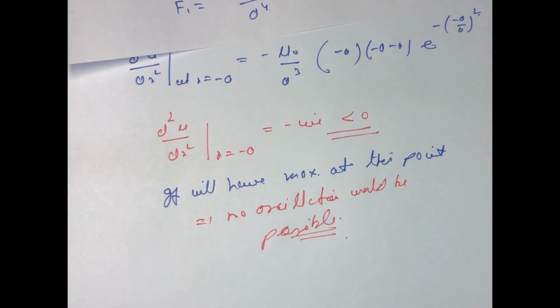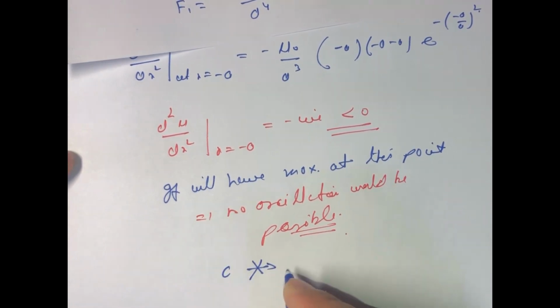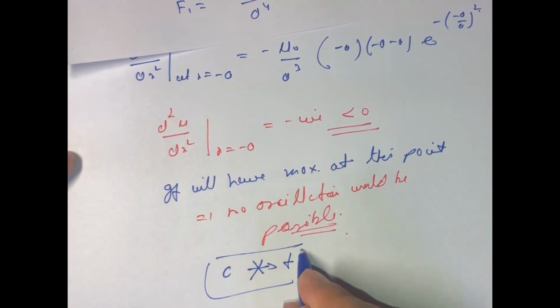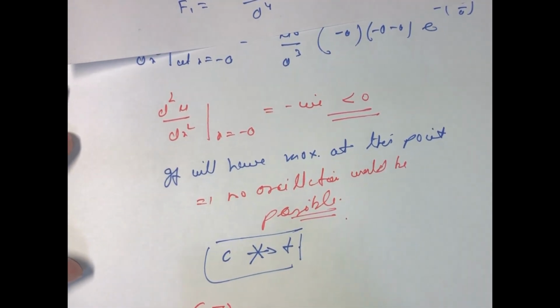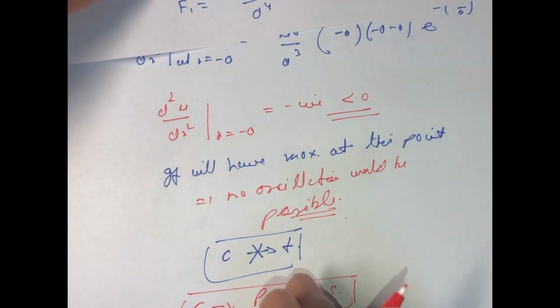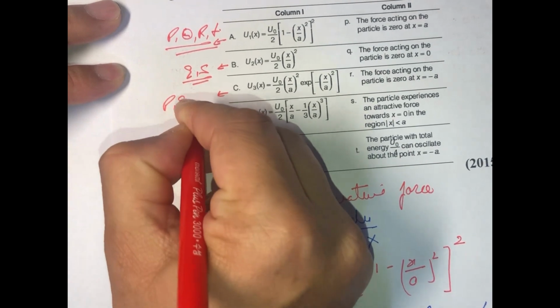If no oscillation is possible, then option number T is not the correct option. From C, we can say that T is not the correct option. Therefore, for C, it is going to have P, Q, R, and S. So for C, it will be P, Q, R, and S.